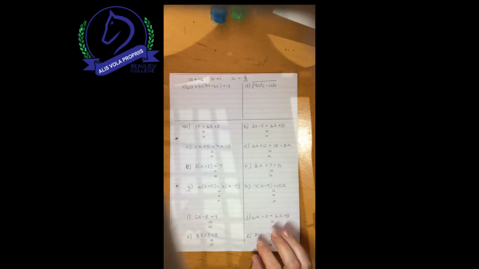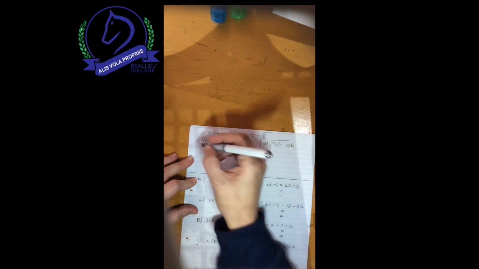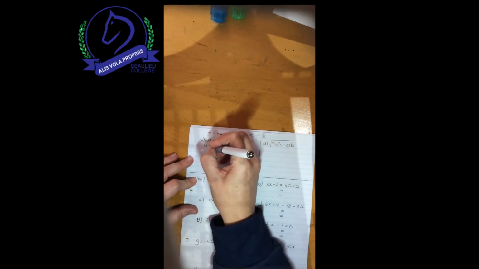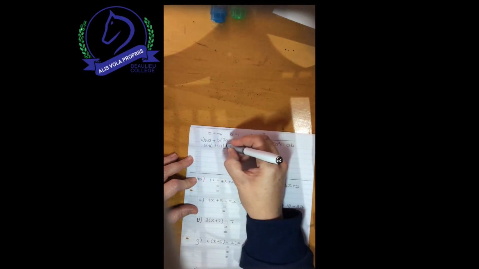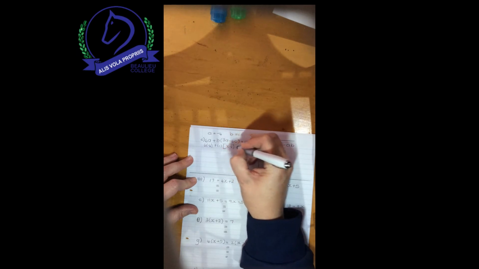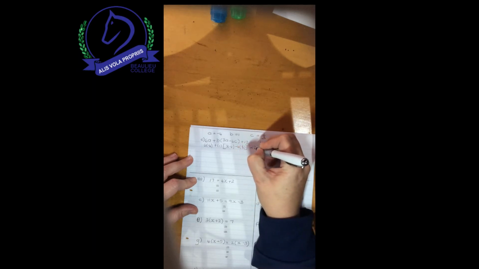6a plus b and c. This is the one I said to you, use different brackets. So 6 must be times by minus 4. B is 1. I'm going to change that bracket to a square bracket. Times 3 times minus 4 minus 6 times 2/3, square bracket plus 12.